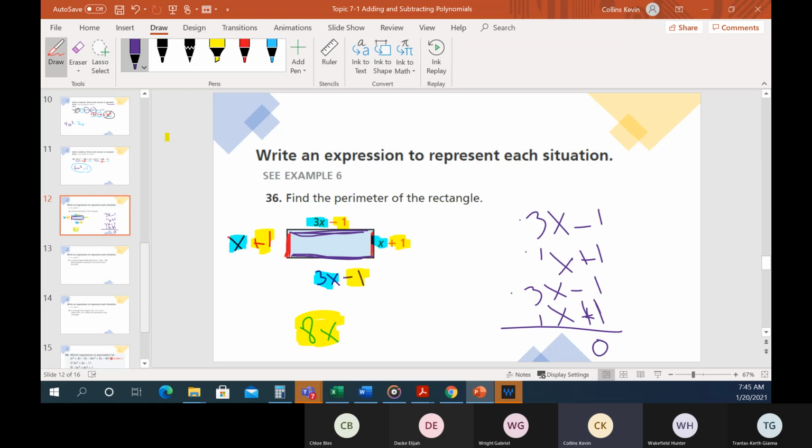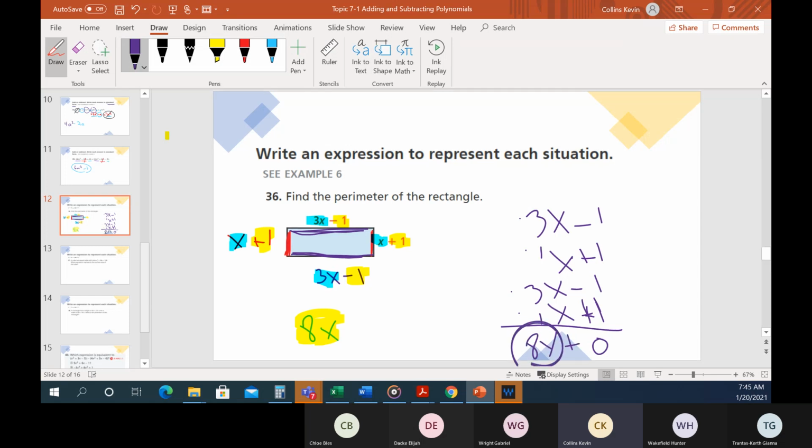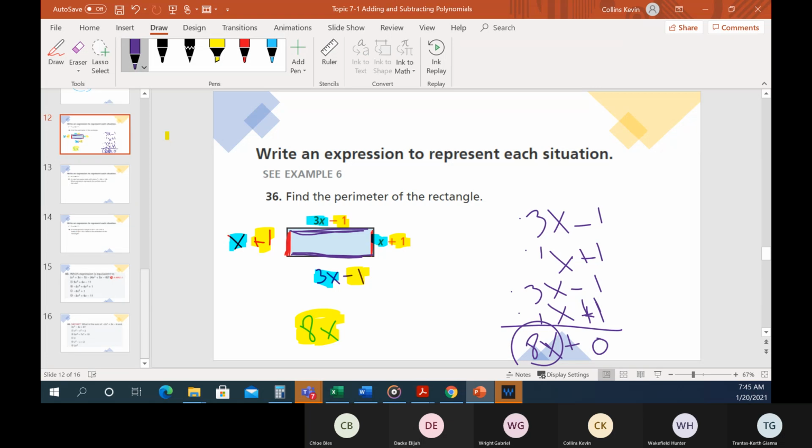So 3, 4, 7, 8. 8x plus 0, or just 8x. Okay? If that makes more sense to you, go with that. Check out a couple more.